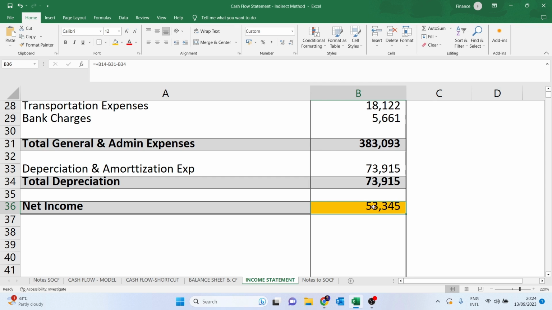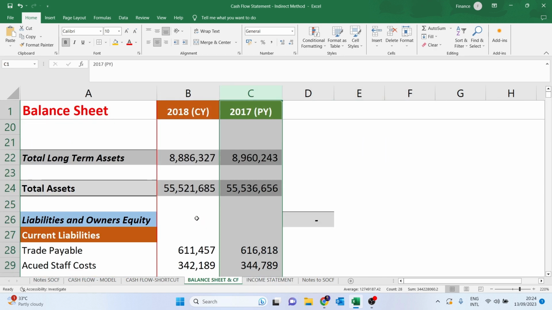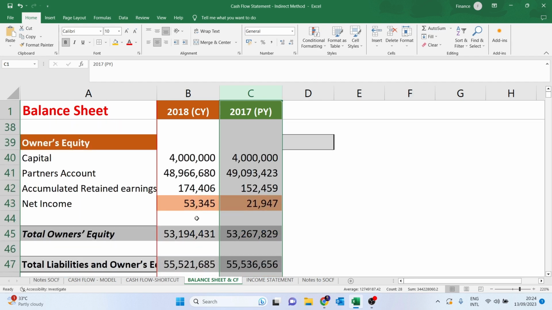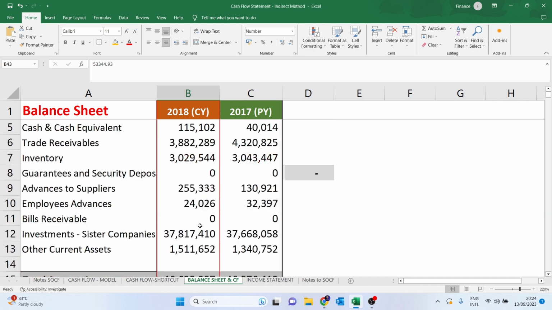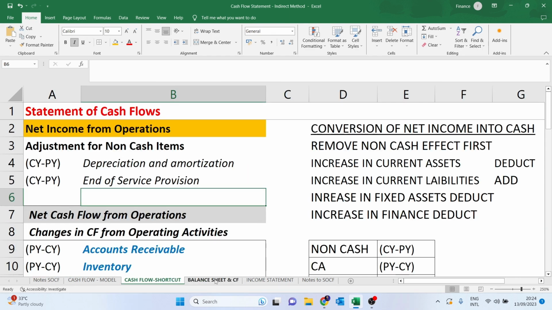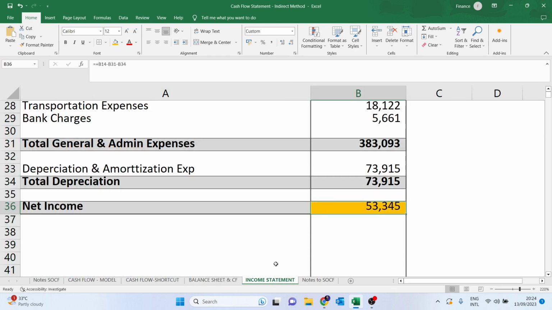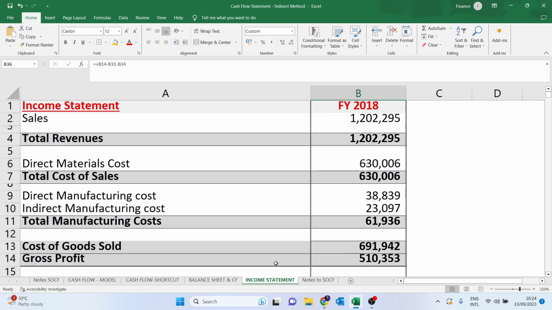Just check whether this net income, 53,345, is matching with the current year balance sheet or not, so that we can make sure it is the correct number. Yes, it is $53,345. Now we have two years' balance sheets, that is one requirement, and the current year income statement. That is the only requirement for preparing the SOCF, the statement of cash flows.